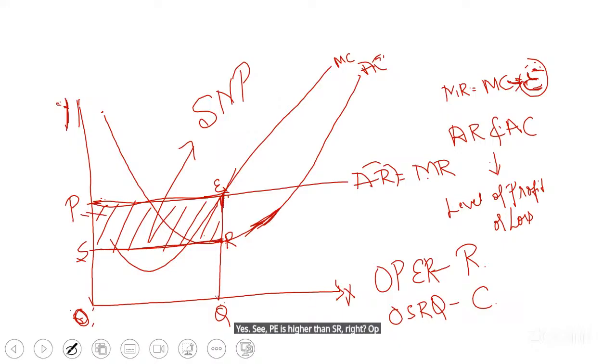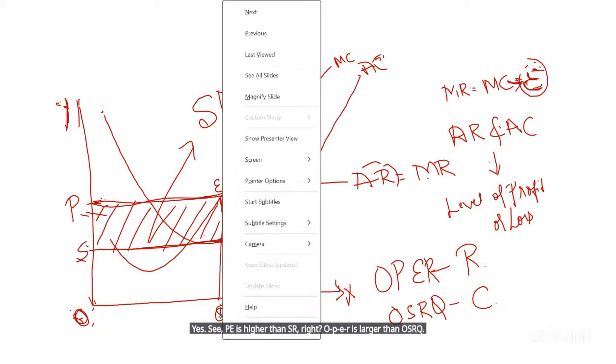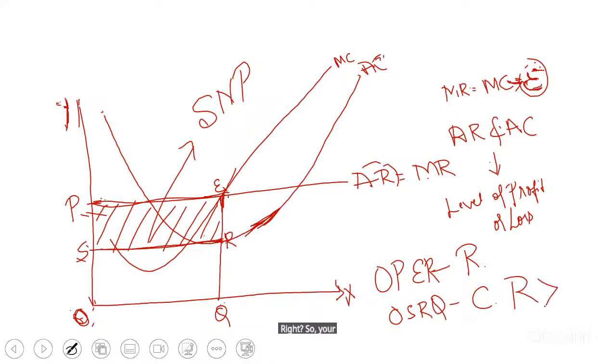OPEQ is larger than OSRQ, right? So your revenue is greater than cost. So it is supernormal profit. What is the share of supernormal profit? SPER is supernormal profit, this shaded area.